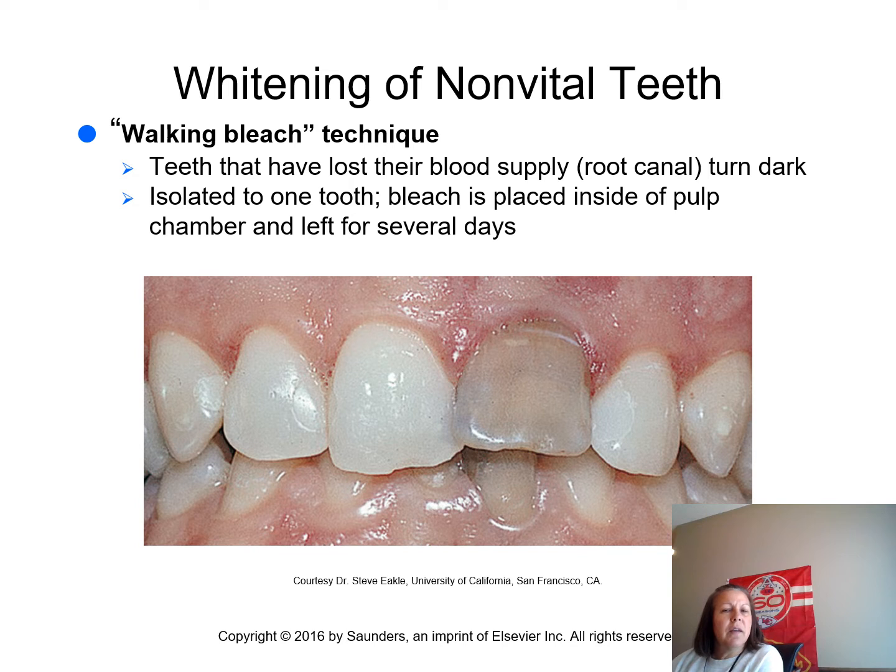In order for this to bleach, it has to have what we call the walking bleach technique, where they actually access the internal part of the tooth by drilling a hole on the lingual aspect of the tooth, placing bleach inside of the pulp chamber, sealing that off with a temporary filling, and leaving it for several days. That's really the only thing they can do for these dark teeth.